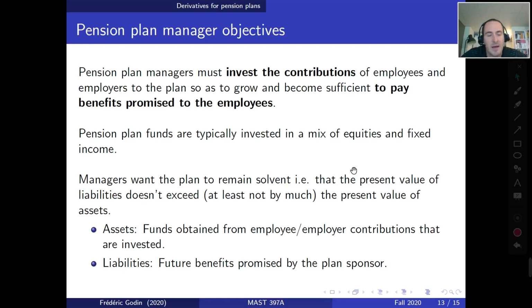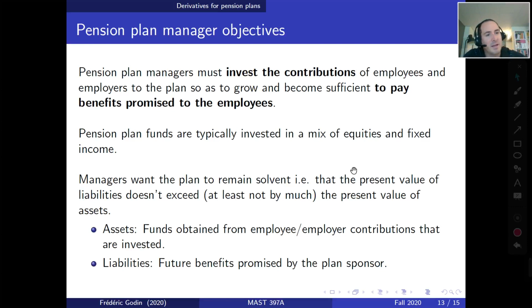Okay, so if the liabilities exceed the value of assets by 1%, or like by 3% or something like that, it's not a big issue. But if the value of liabilities is 40% higher than the value of the assets, then you're going to have a big problem. So pension plan managers don't want the value of their assets in the plan to go below or much below the value of liabilities.